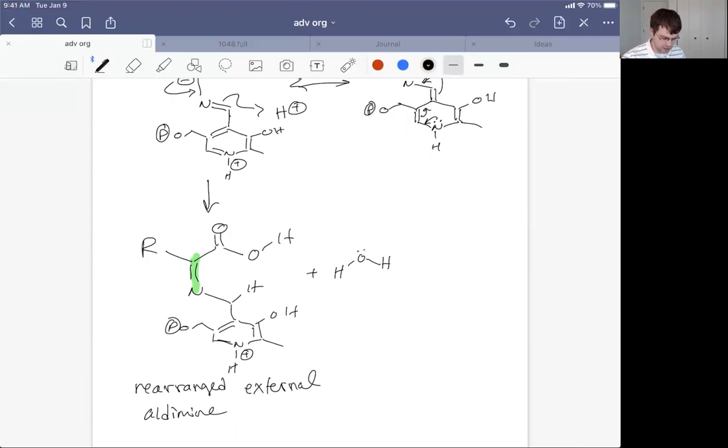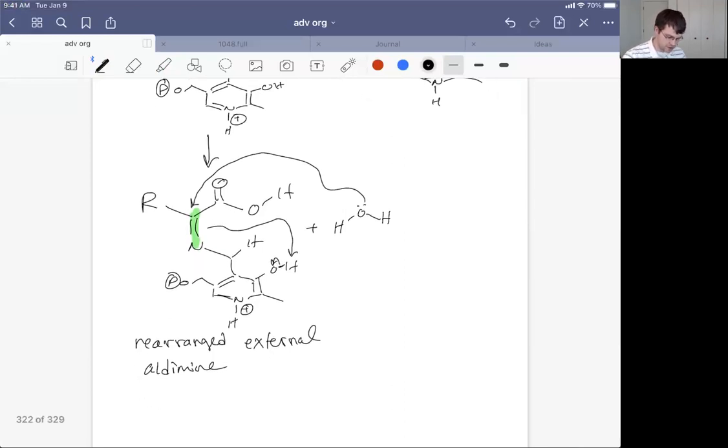Now, if you want to write it out, we can, certainly. We can have the water attack in here, and we can use that useful hydrogen atom to get to this intermediate where we've got now an NH plus, H2O added plus.